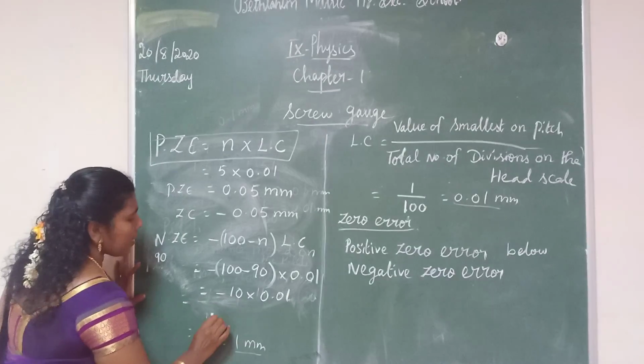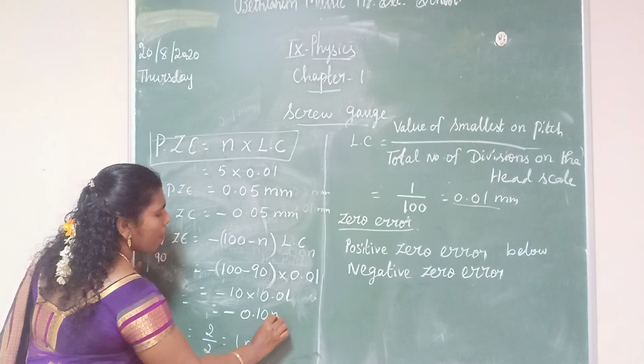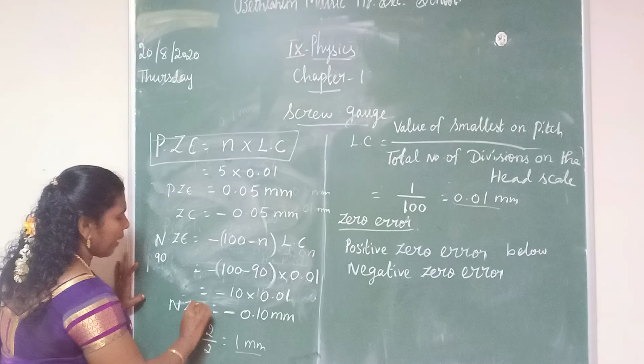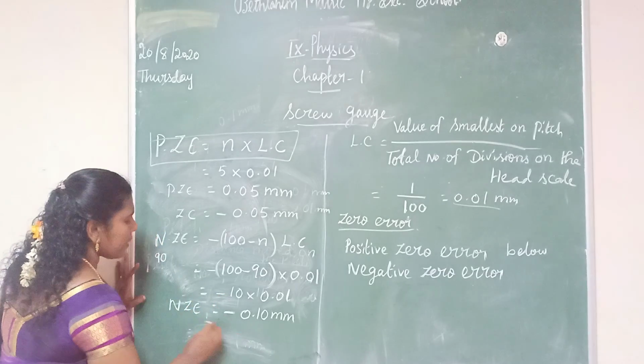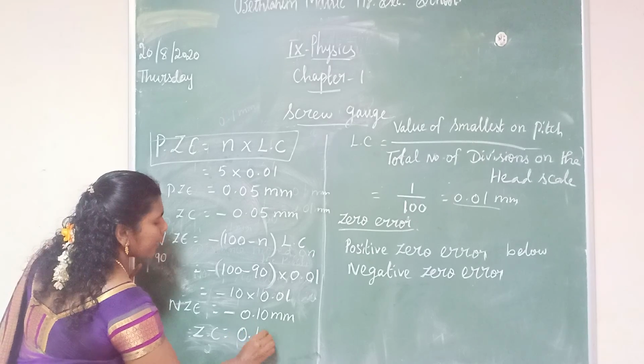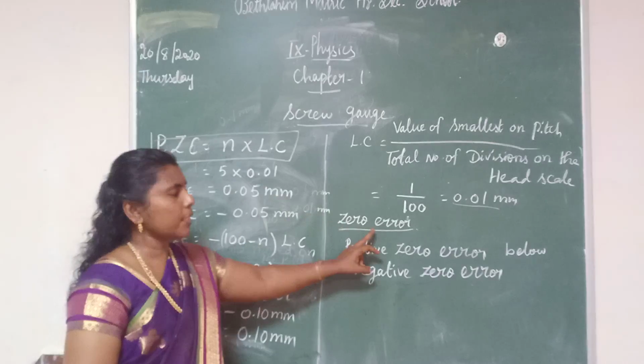So the value is minus 0.10 millimeter. This is the negative zero error. Suppose you have to find the zero correction, the value is 0.10 millimeter.